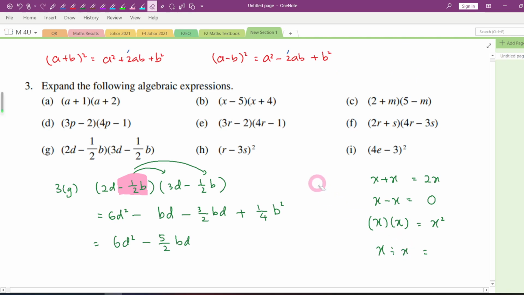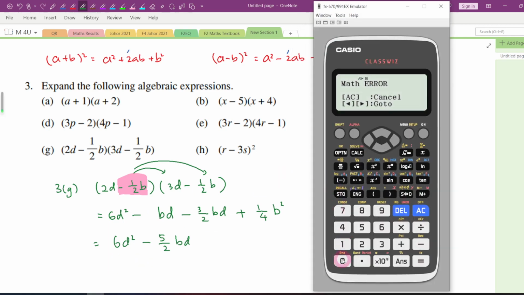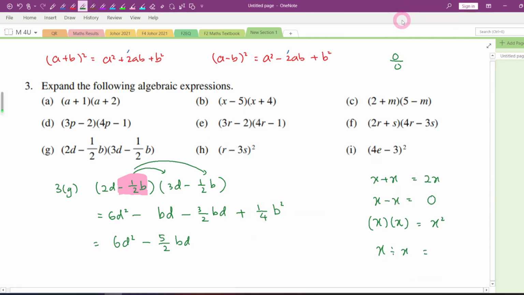This one you are going to learn in Form 5. Oh, sorry, I should say Form 5. 0 divided by 0 is an indeterminate form, so you cannot get the answer. You can press your calculator, let me show you here. 0 divided by 0, you cannot get the answer. Okay, forget about this first, because now I just want to show you that if you have x divided by x, let's say x is not 0, it's always equal to 1.